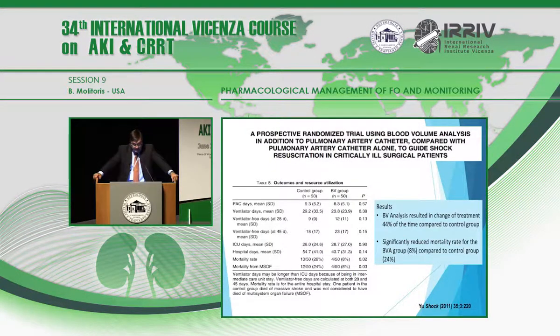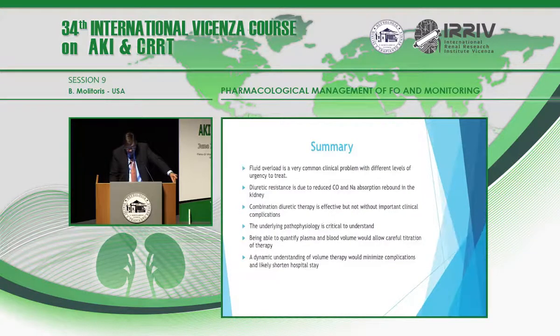And this is what they found, and that is in the patients that had blood volume measurements, they could see a decrease in mortality and in their score. So the results of that showed blood volume analysis resulted in a change in treatment 44% of the time compared to the control group, and significantly reduced mortality when it was used in patients for study.